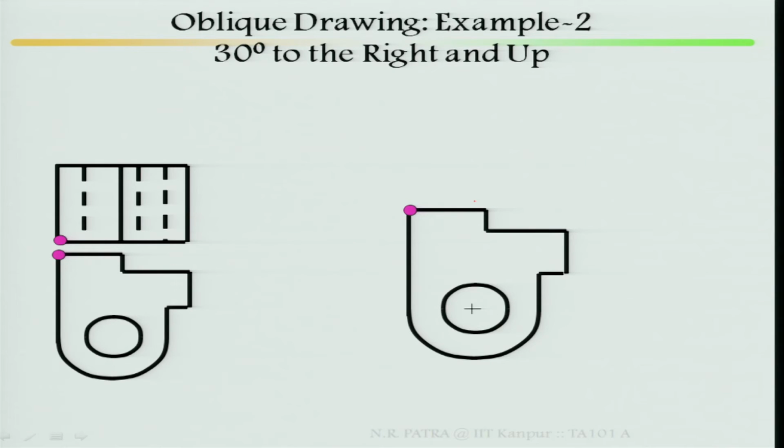Now, in the depth direction, it is 30 degree to the right and up. From here, if this is my reference point, go to the right-hand side and up. Then you can finish it in your depth direction.